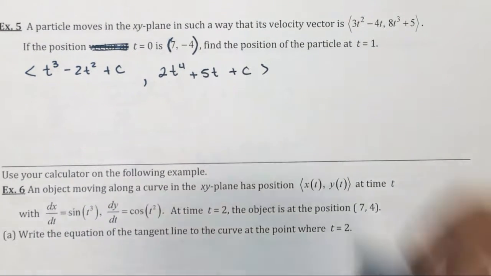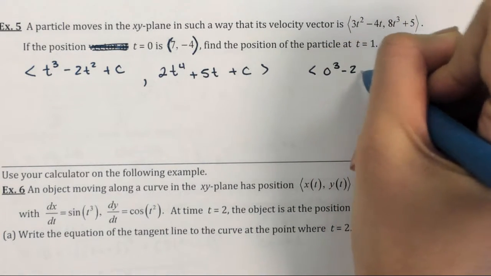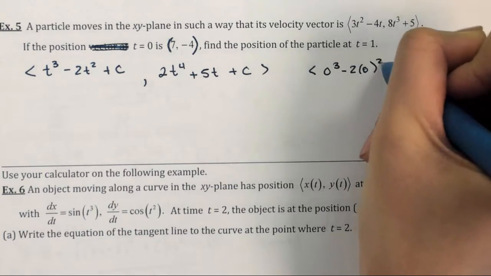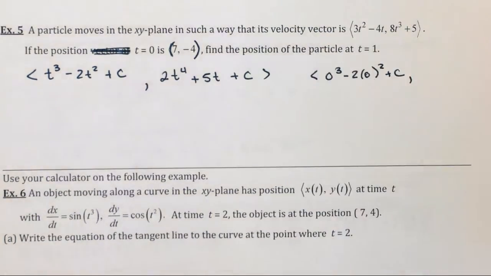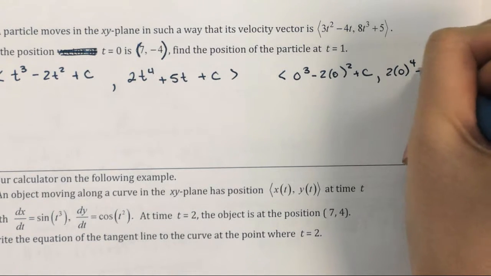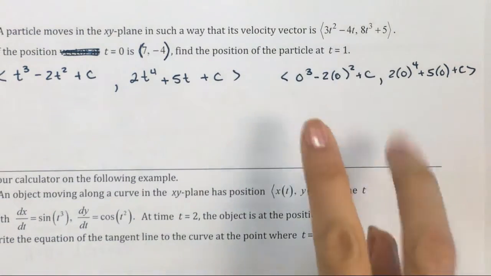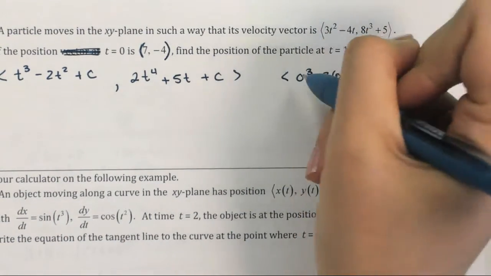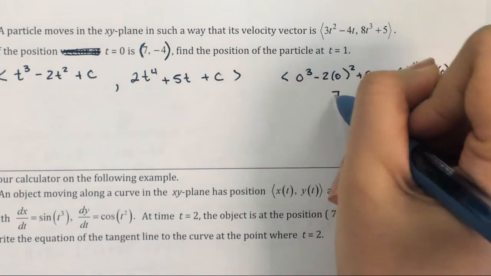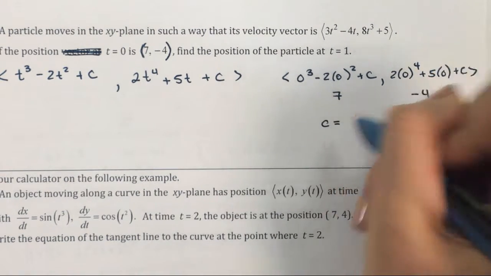Then at 0, this should equal 7 and -4, right? So what does C have to equal for this one?